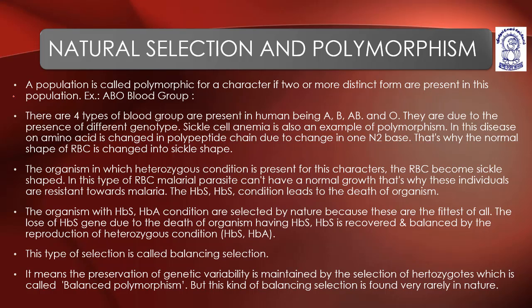Now, a population is called polymorphic for a character if two or more distinct forms are present in this population.